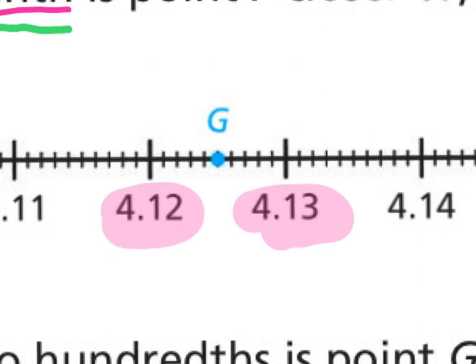Starting with 4 and 12 hundredths might be easier if we start writing in thousandths. So 4 and 120 thousandths. Notice I'm just adding a 0 to get to my thousandths.